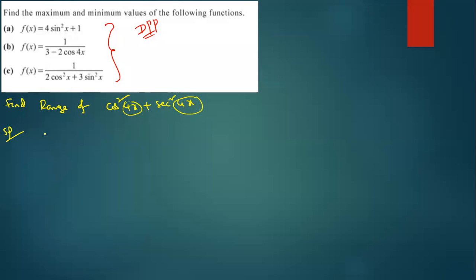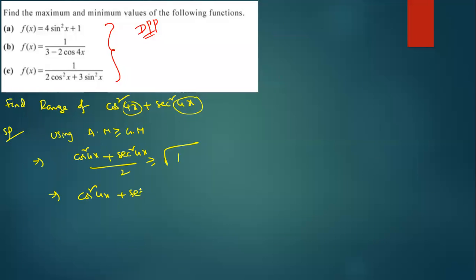So using AM is greater than or equal to GM, what? Cos square 4x plus secant square 4x by 2 is greater than or equal to how much? 1. Both are cancelled now. That's why the minimum is 2. Maximum is undefined. We don't know, that is not applicable.